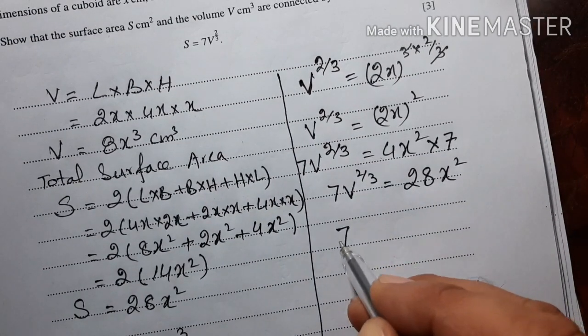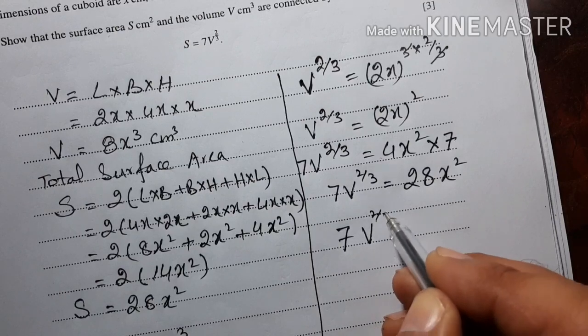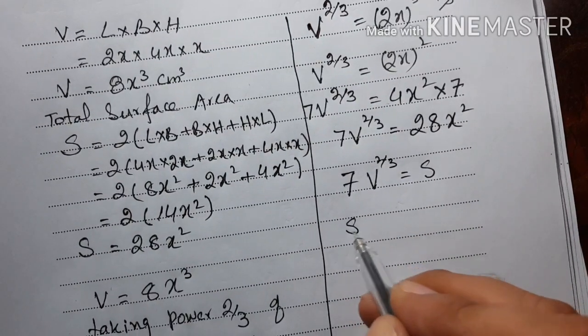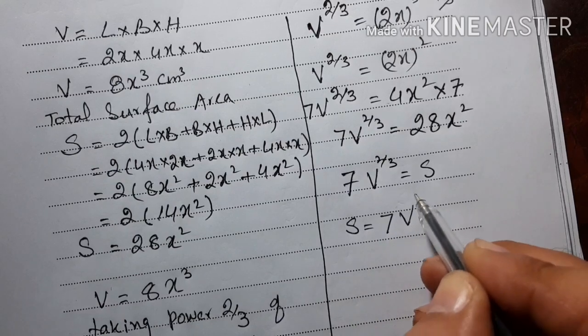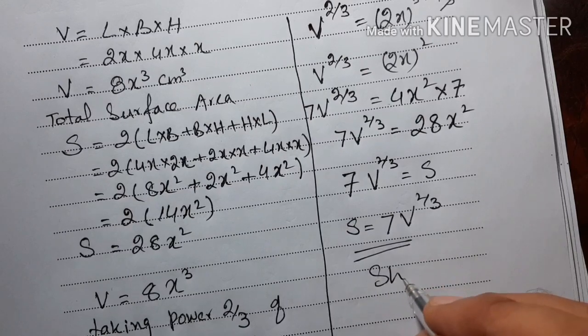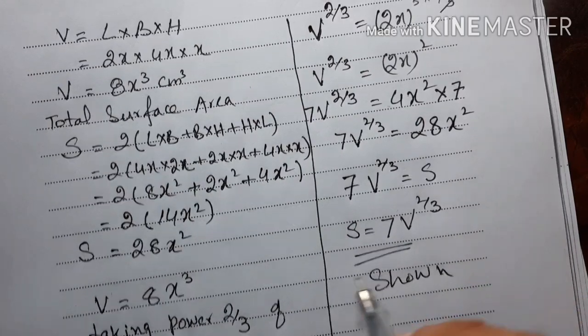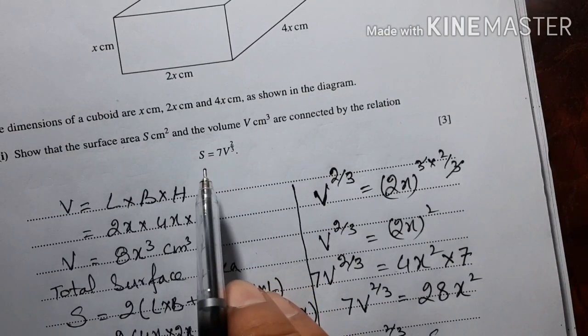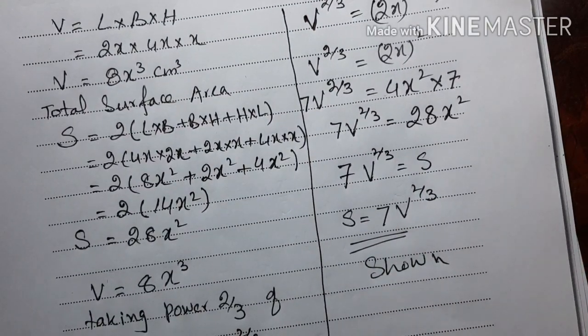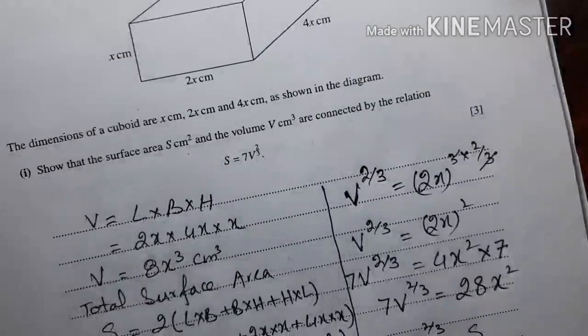So it will become 7V to the power 2 by 3 is equal to S, or S is equal to 7V to the power 2 by 3. So this is shown. We had to show this. This is the end of part 1.